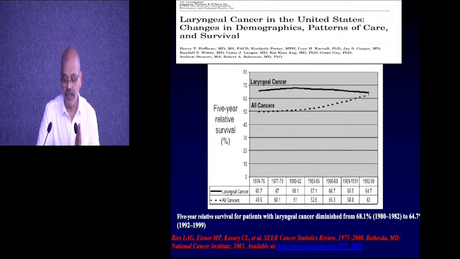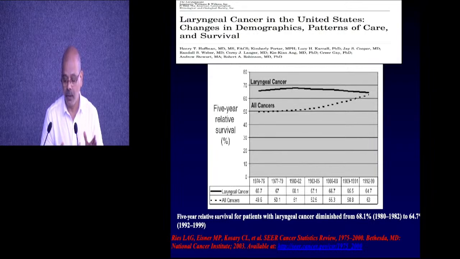And to everyone's surprise, it was found that laryngeal cancer was the only cancer where the 5-year survival of patients had fallen in that period, from the early 90s till the end of the century. Every other cancer, the survival was going up naturally with the improvements in technology and so on. Maybe the dip was very marginal, but a cancer which was expected to improve in survival had fallen down.